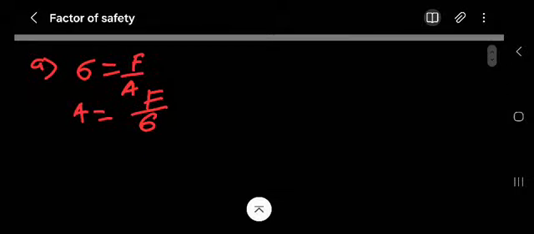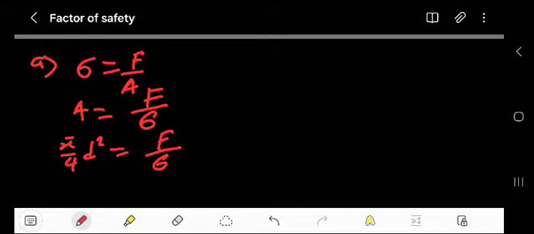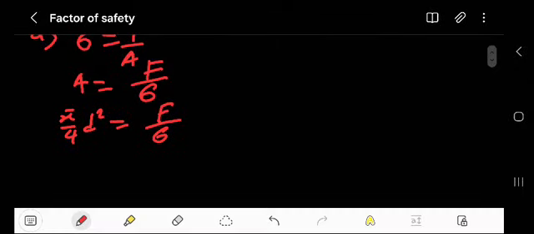Right, then area is pi over 4 d squared, so we have force over stress equal to that. If you want to make d the subject, you divide by pi over 4 on both sides. This and this will cancel.